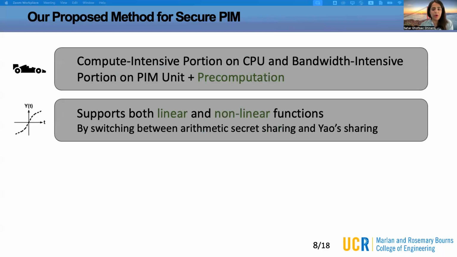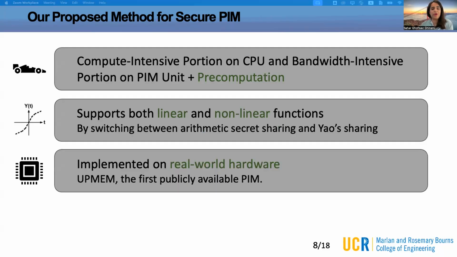Also, we are supporting nonlinear computation in addition to linear computation by switching to Yao's garbled circuits. Also, we are implementing and evaluating our scheme using real-world PIM hardware, UPMEM. However, our approach is applicable to any other PIM architecture out there.